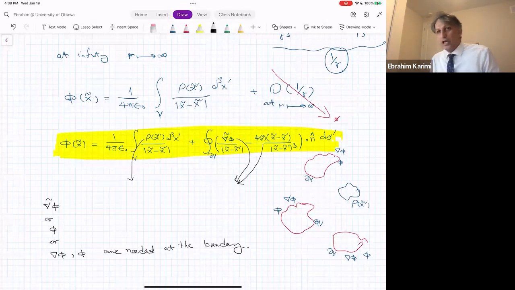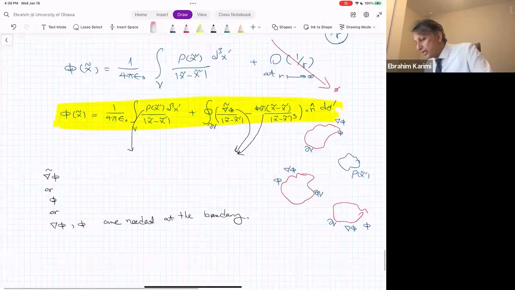You can even apply it to quantum mechanics. It's a boundary condition problem. You can have it in the time-independent Schrodinger equation, in the diffusion equation, or in different scenarios. So that's it.